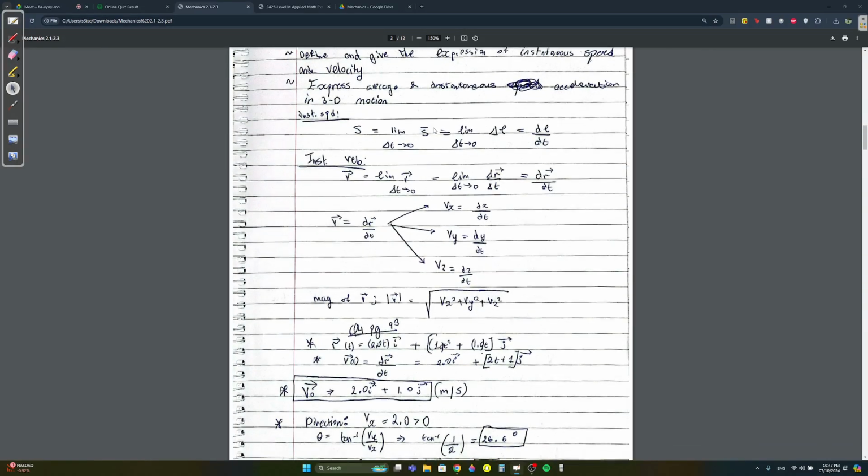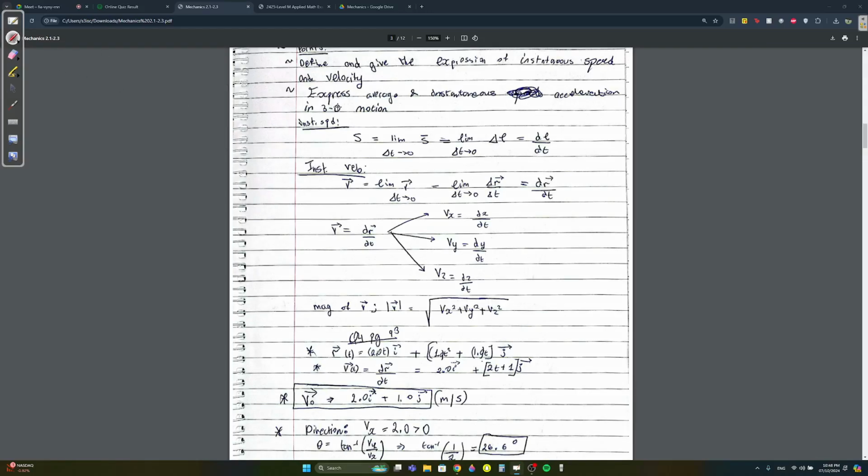Here, instantaneous speed and instantaneous velocity. At this point, you guys know instantaneous speed and velocity is when delta t is approaching 0, right? So when delta t approaches 0, we take the limit of average speed, because average speed is delta L over delta t.